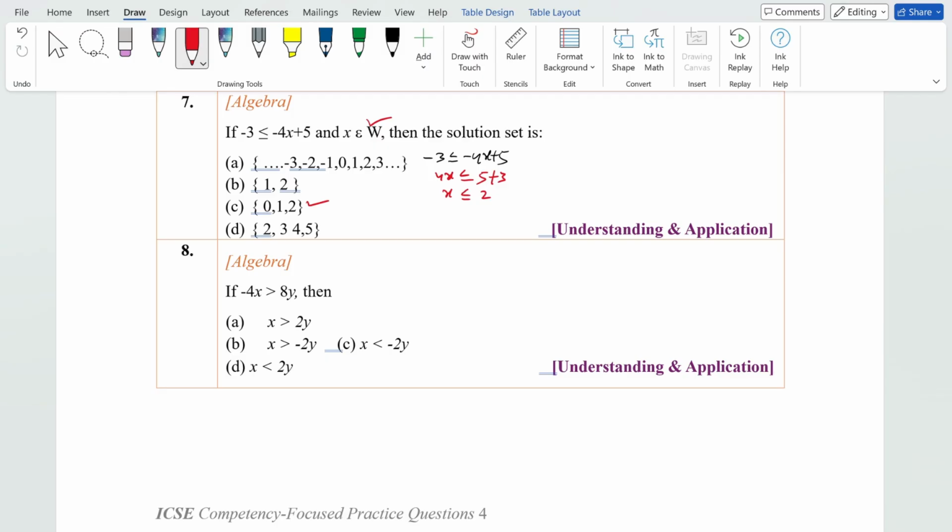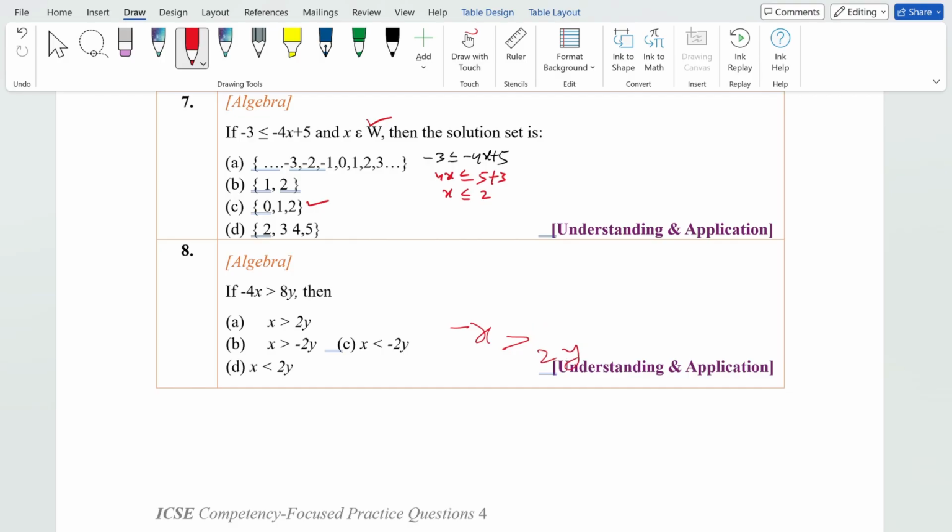Now question number 8. Minus 4x greater than 8y, then minus x greater than 2y.